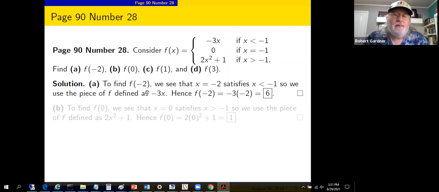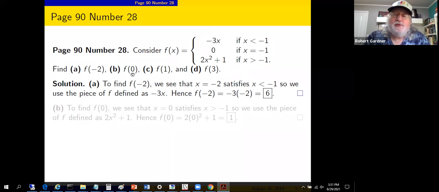Evaluate. Okay, -2. -2 is less than -1. If we take x equals -2, then x is less than -1. When the input is less than -1, use this piece. So you plug -2 into this piece. f of -2 is -3 times -2, -3x. That's +6.